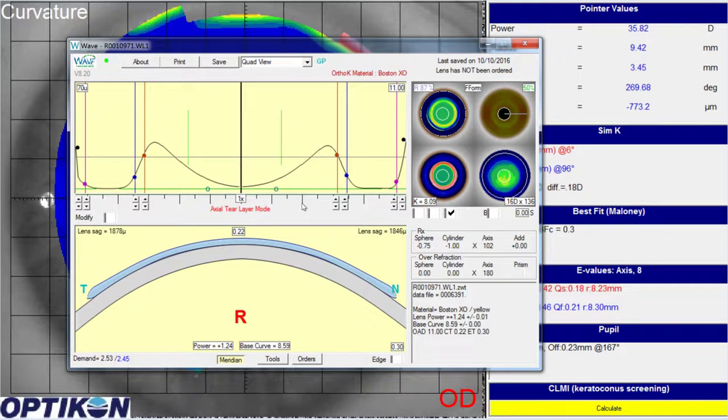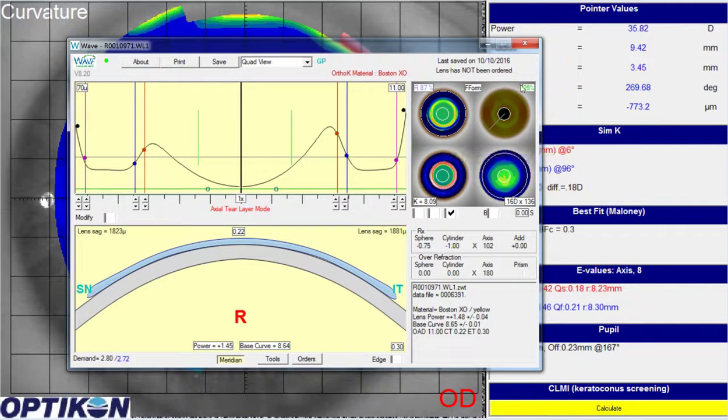I would also increase demand by a quarter diopter, so we're going to go back to 100% mode and bump our power up to about a 1.5. I'm going to go around and make sure the power is pretty uniform all the way around, and it does look pretty good.